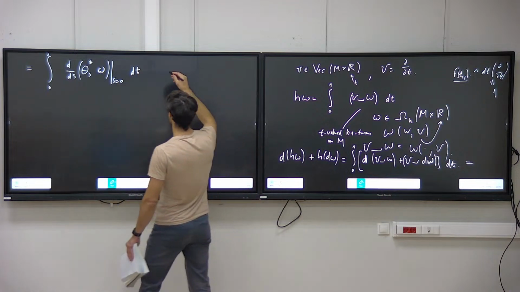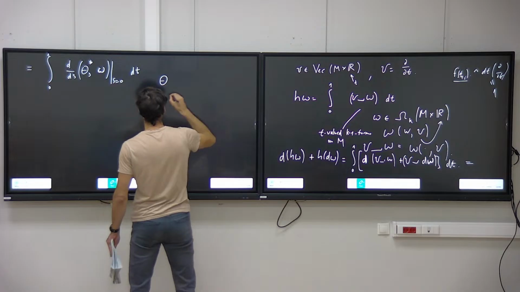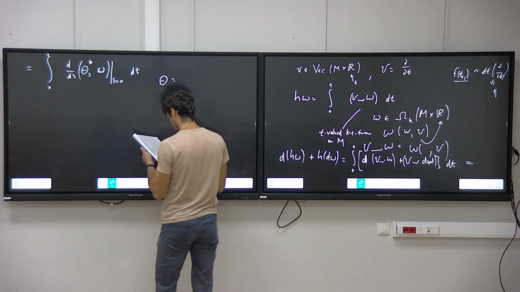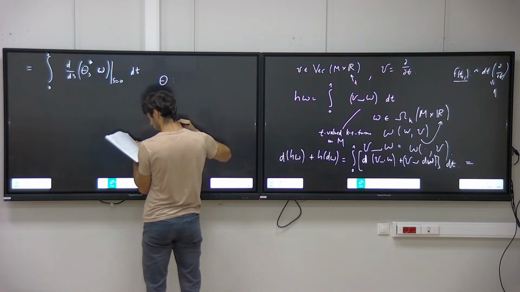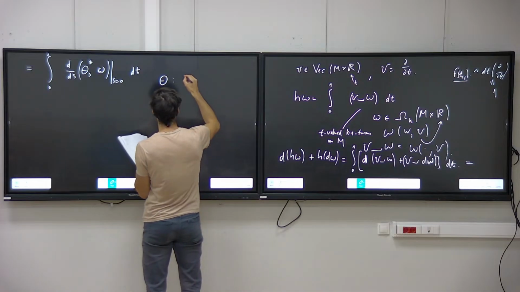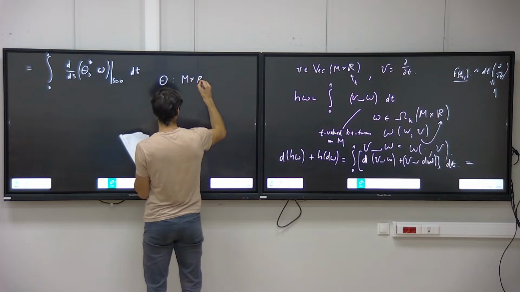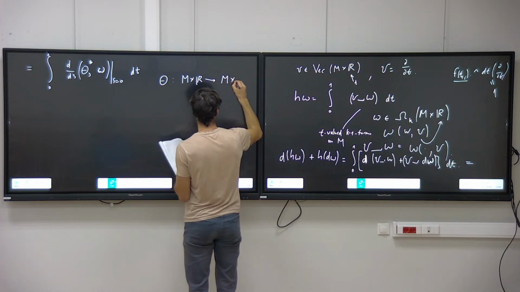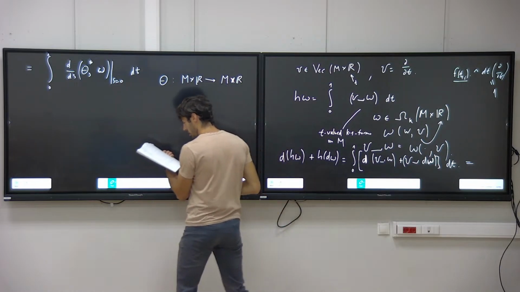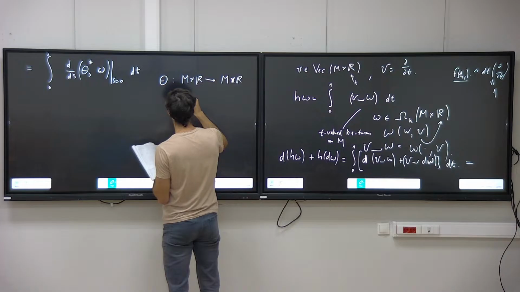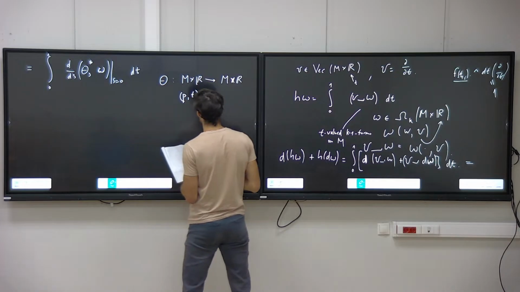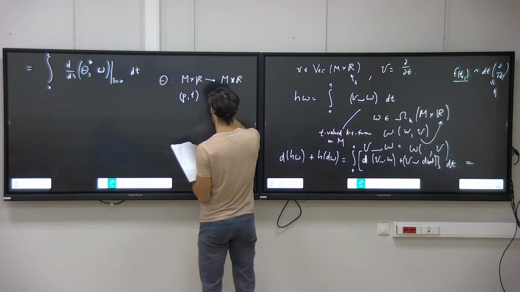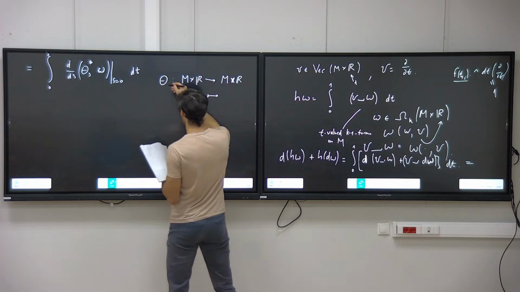And then theta here is just a function from where to where? From n cross r to n cross r. It just takes a point P, t, and then it shifts, so I need theta s.